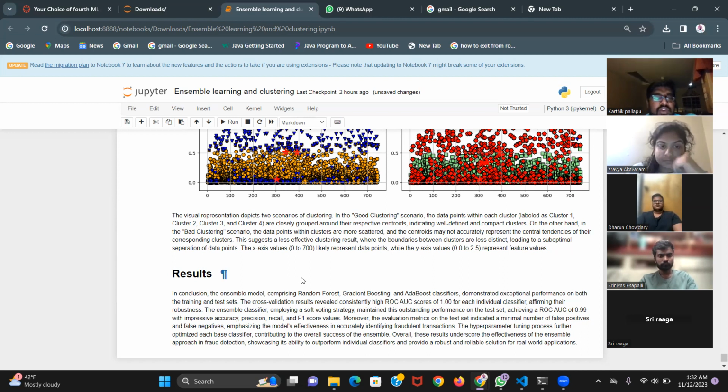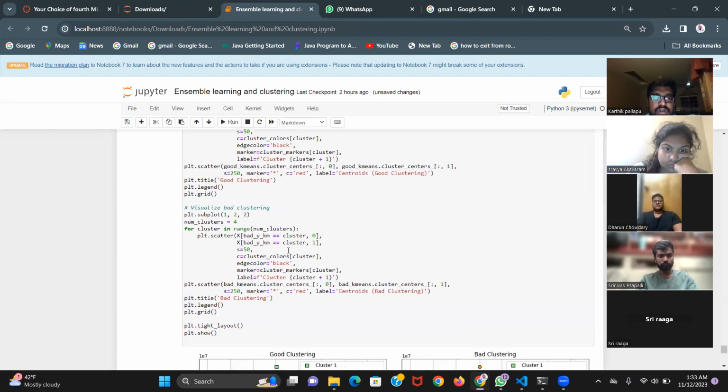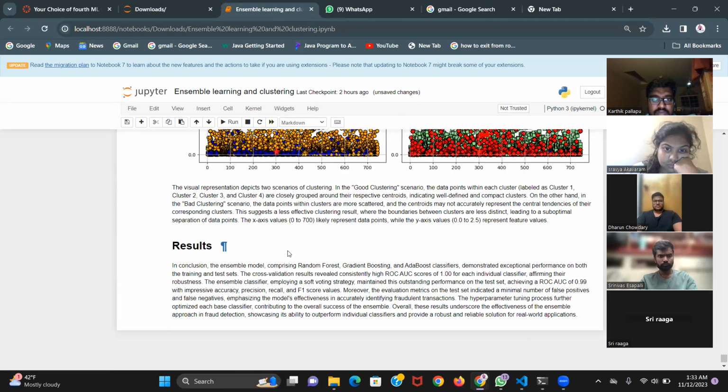So finally, our conclusion is that the random forest and gradient boosting algorithms were taken for finding the best ROC AUC score and also gave the best results in accuracy, precision, recall, and F1 scores also.